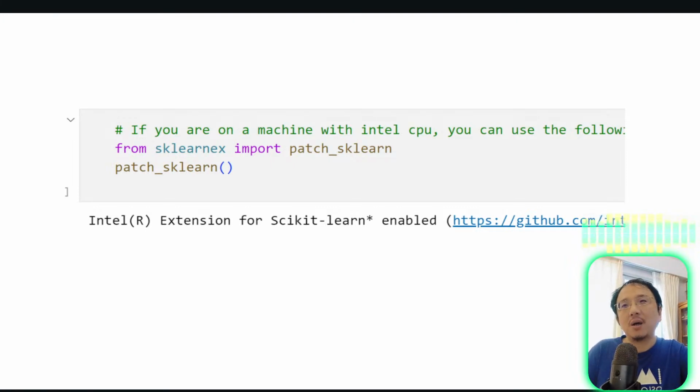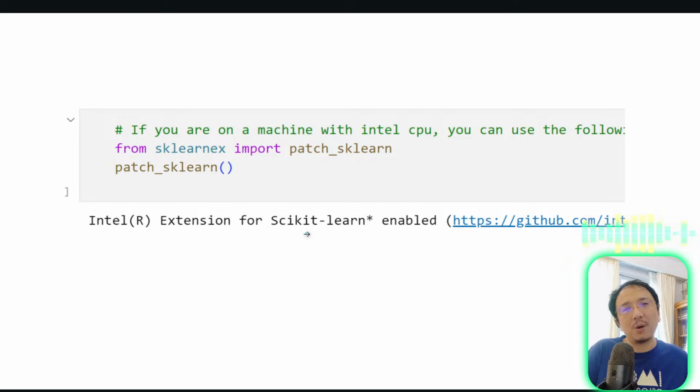We use from sklearnex. Scikit-learn is Scikit-learn, but there's an EX after it. EX probably stands for extension or extended. We import patch_sklearn. This one is from a package called the Intel Extension for Scikit-learn. So from sklearnex we imported this patch_sklearn and run this function.